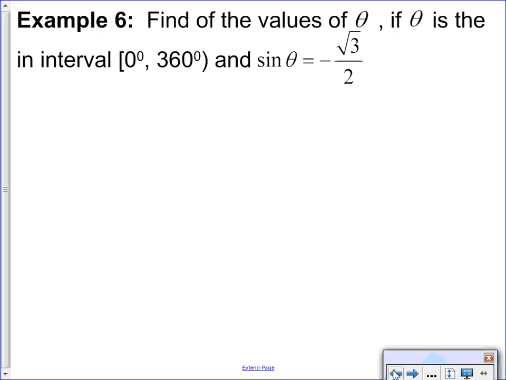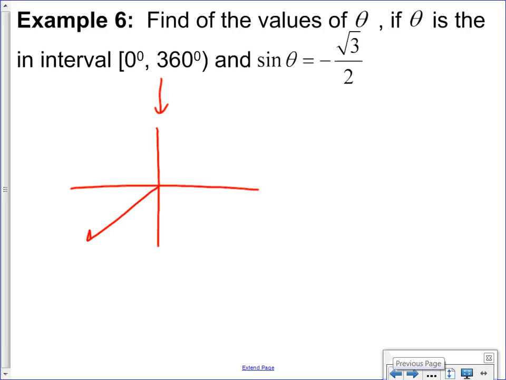In this example, sine is negative root 3 over 2. Question, what quadrants is sine negative in? 3 and 4. Excellent. Sine is negative either in quadrant 3 or in quadrant 4.